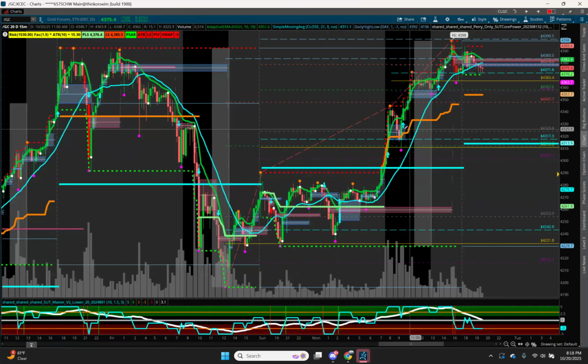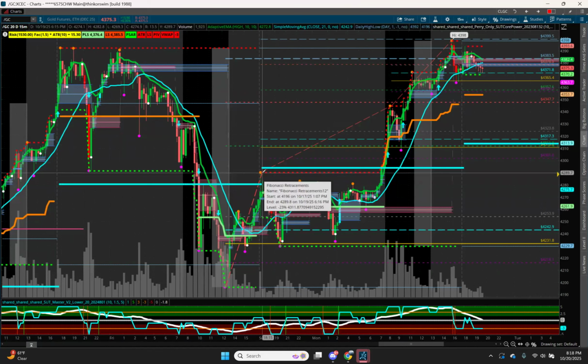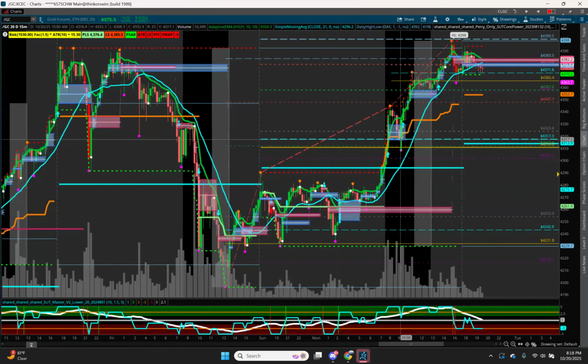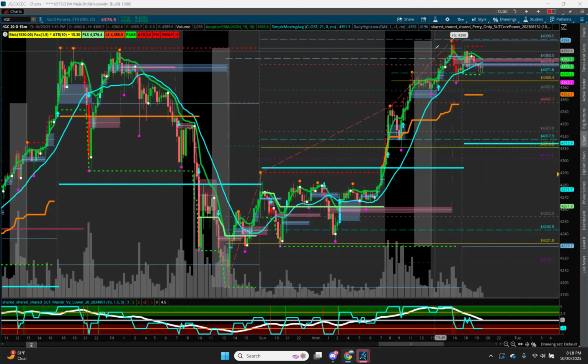Sometimes it is, but the extension I drew, the fib level that gave me my support at the time, my order was at 43.17.3, and that upper mid was like a point or two above it. So within a very small amount, it was right above it. Okay. And then that went straight to targets, and now we're in a new extension here.